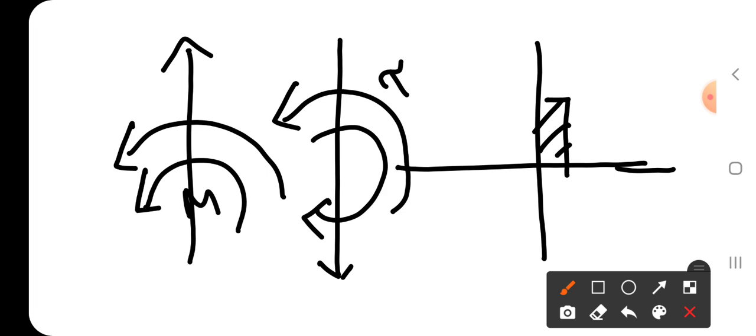Therefore this comes under the fourth quadrant. This chopper will work in both quadrants, the first quadrant and the fourth quadrant.